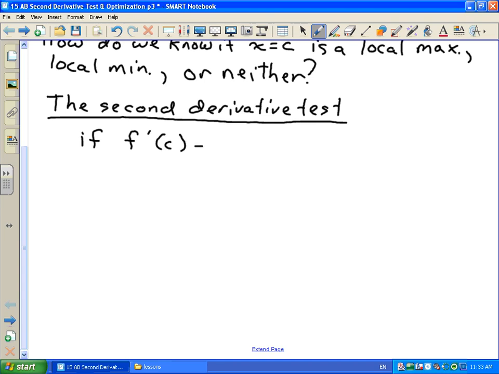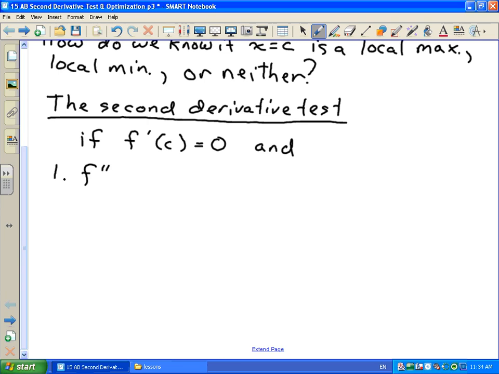So with the second derivative test, we know right away that we have found our critical numbers. So f prime at c equals 0. Okay. And what we're going to do is take the second derivative of our function, and check to see whether it's positive or negative.